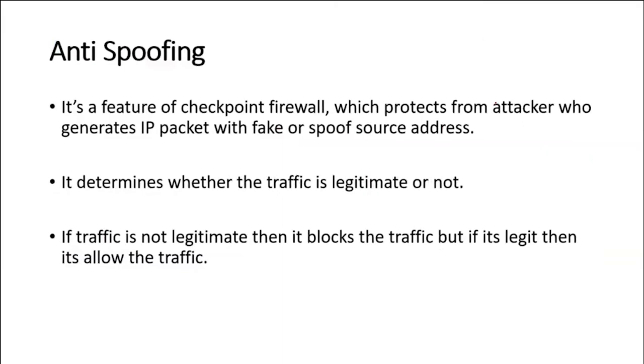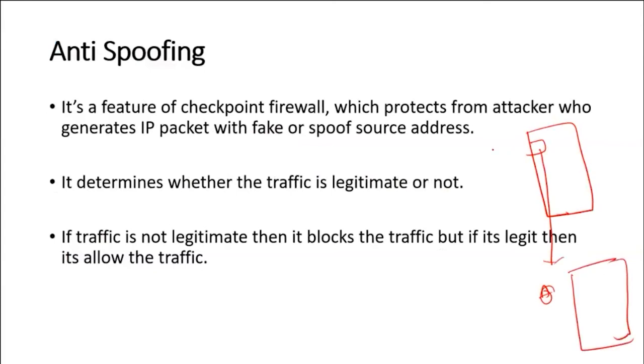If you can simplify, this is the firewall, and this is one interface. Here we have configured an anti-spoofing group, where we list the IP addresses that need to be allowed through this interface. Some subnets we have allowed here.